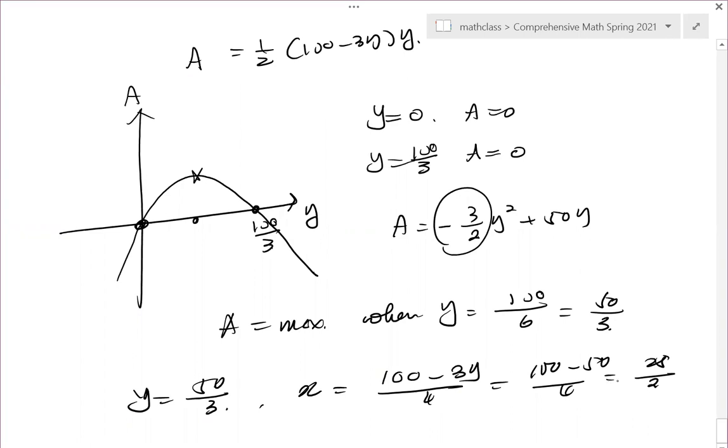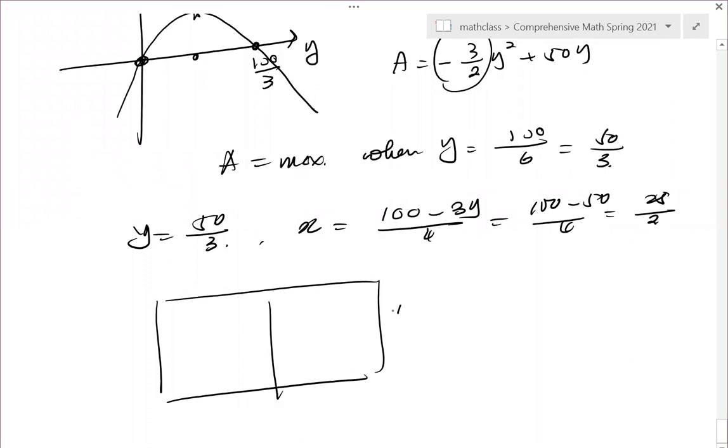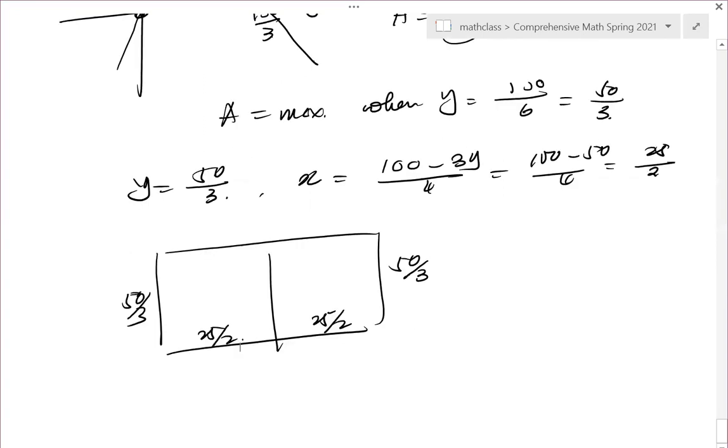So you can get x. Now the dimension is going to be 50/3, 50/3, and here 25/2, 25/2. Total you get 100.